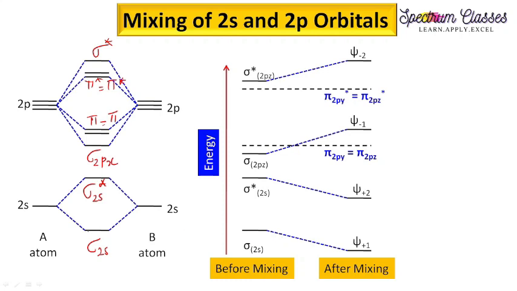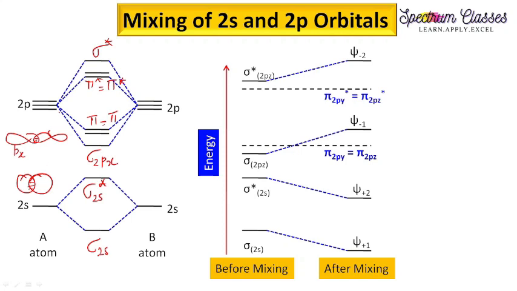This sigma 2s and this 2p form the sigma orbital. By this kind of overlapping, it forms a sigma orbital, and this is also forming a sigma orbital like this. So for px and 2s, the energy difference is less, as I showed you in the table.